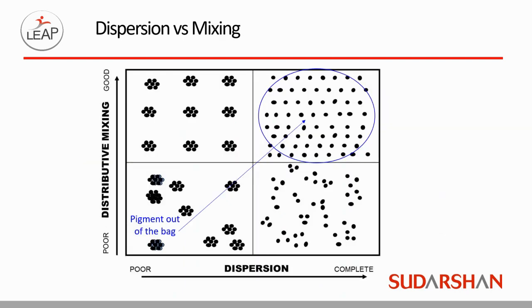Ultimately, it doesn't matter what the application of the dispersion step is. We want to take the pigment out of the bag, which has a large number of very large agglomerates, and we want to get it fully separated as much as we can. And then once those are separated, we need to make sure that they're stabilized so they don't come back together again.